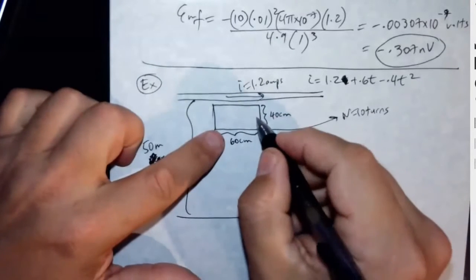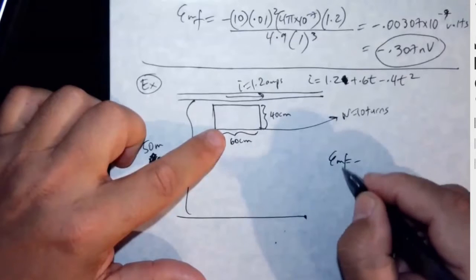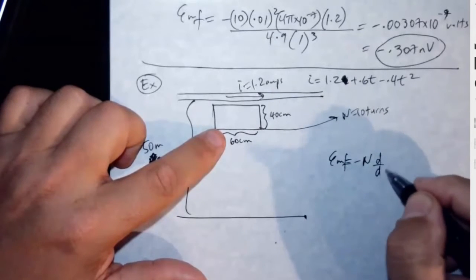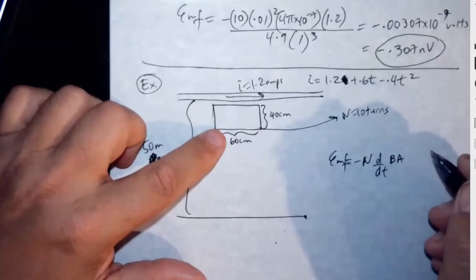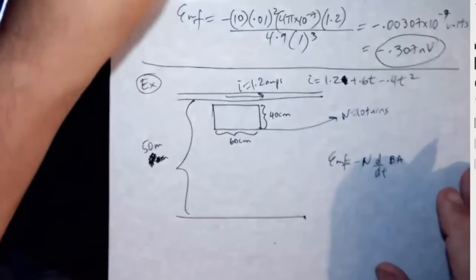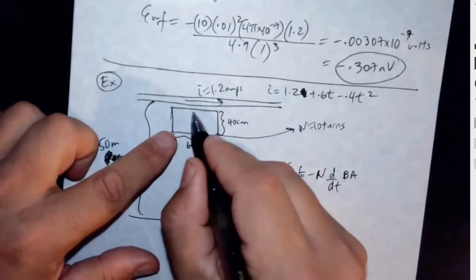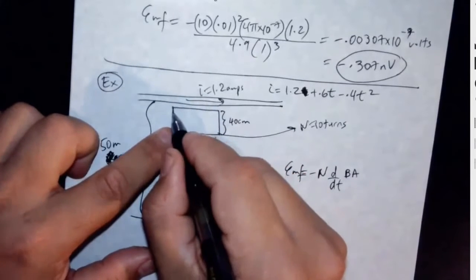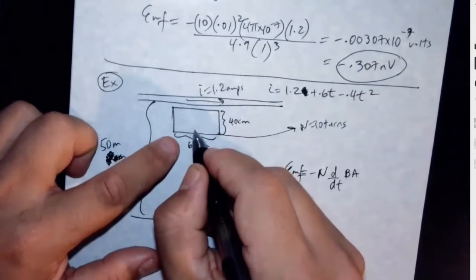Okay, so the EMF is going to be negative N d by dt of BA. Oh, okay, here's one difference now with this than the other problem. The B field created across this loop is not uniform because this portion of the loop is closer to the wire than this portion.